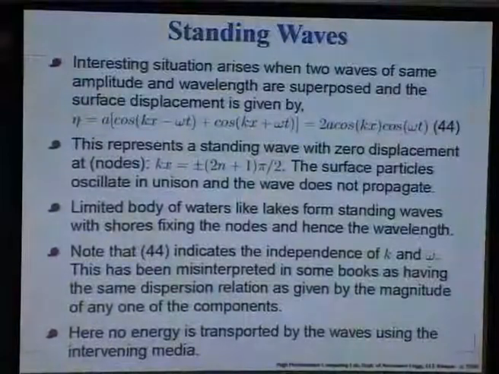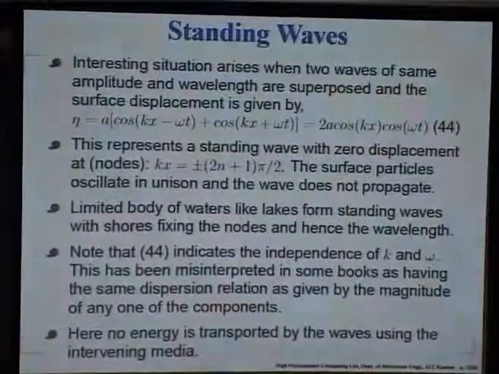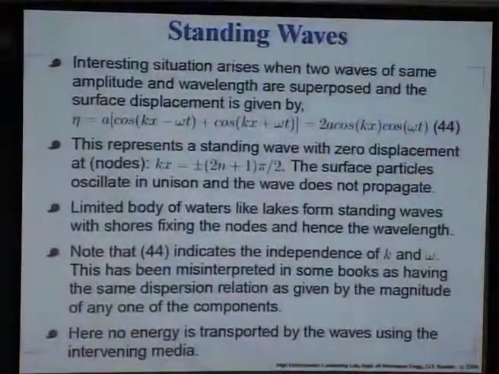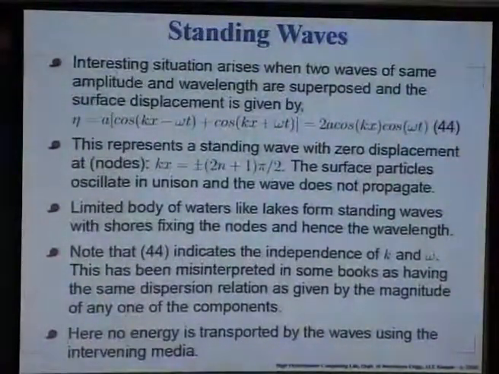However, that is where something interesting happens: if we have two waves, one going in the positive direction, the other going in the negative direction, and they decide to superpose, then what happens?